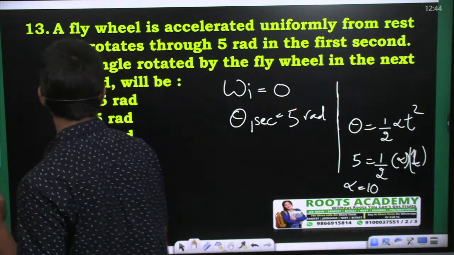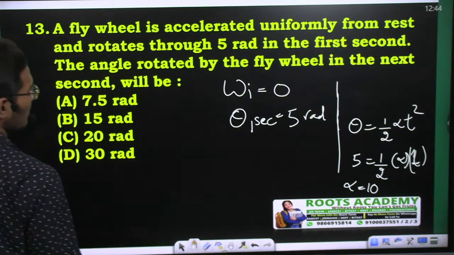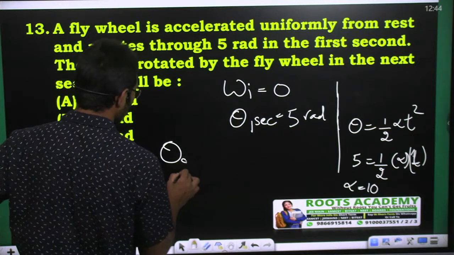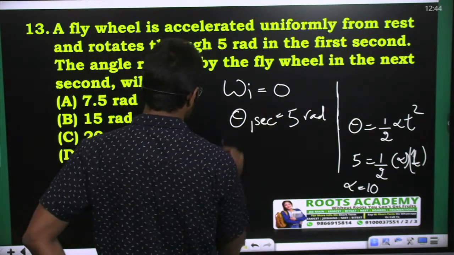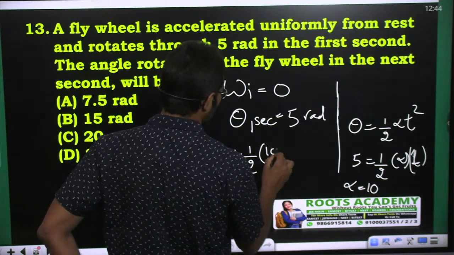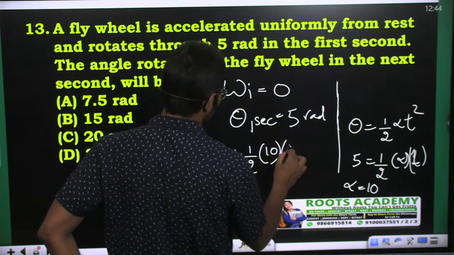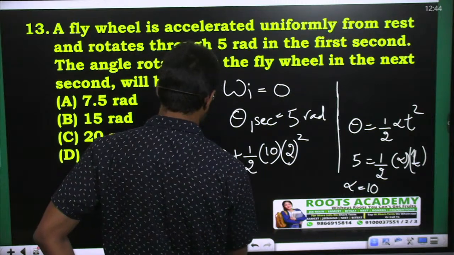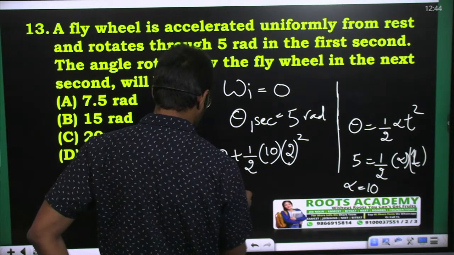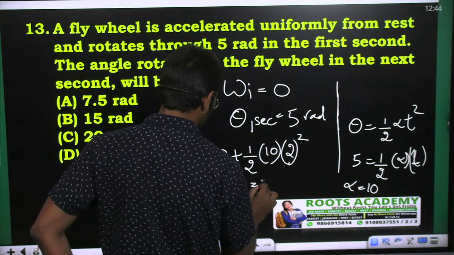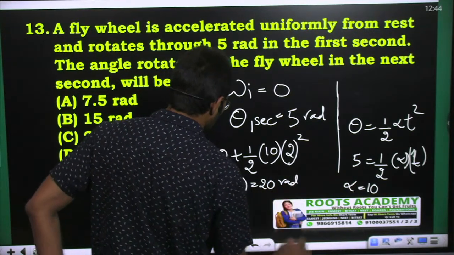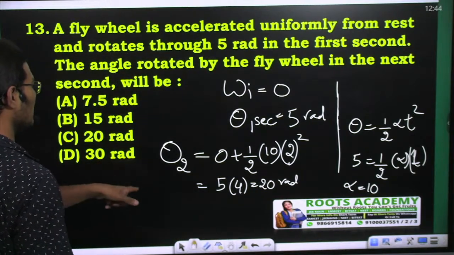So we got alpha. Find the angle rotated in the next second. Let us find the angle in 2 seconds: ut, initial 0, plus half alpha t square, t is 2 seconds. So after 2 seconds, theta is 20.